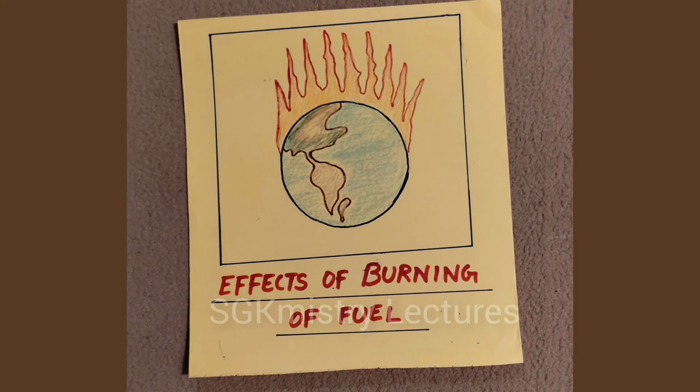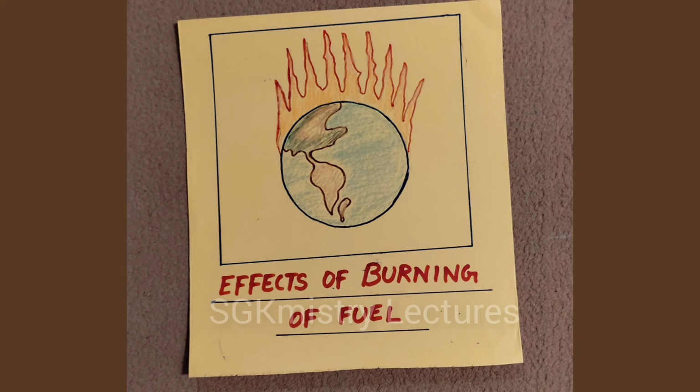So this is the first picture. Here we have the picture of the globe, and then there is the burning symbol, which easily shows that this is nothing but global warming.